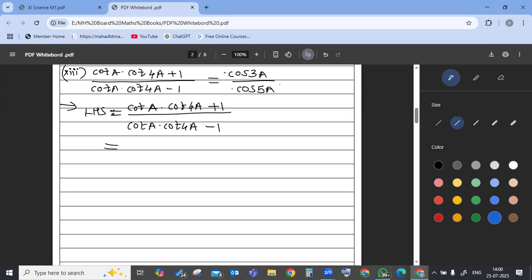Now to show it is equal to cos 3A upon cos 5A, see, here there is cos, here also there is cos. We need to convert this cot into sine and cos.